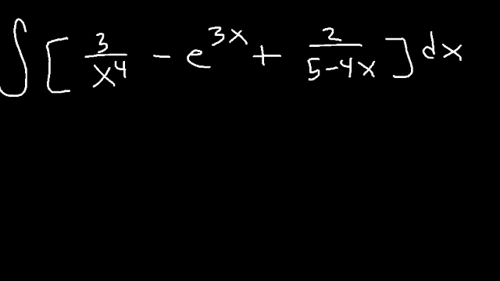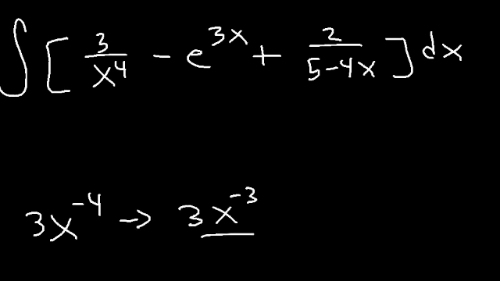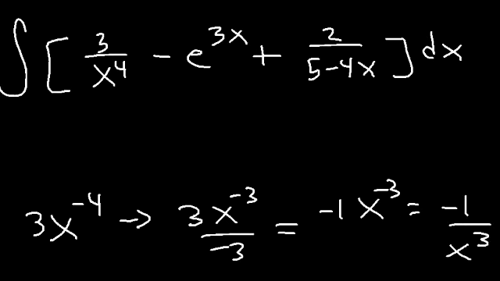So for the first expression, we need to rewrite it. This is going to be 3x to the -4. So we add 1, -4 plus 1 is -3, and then divided by -3. So this is -1 x to the -3, which is -1 over x cubed. So that's the first part.